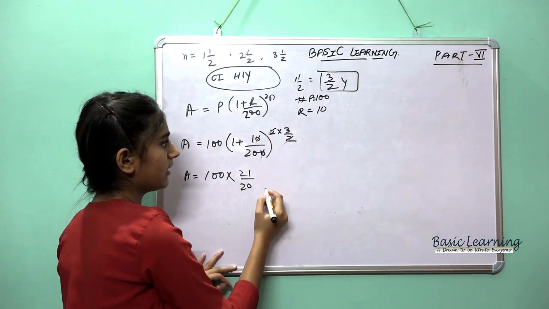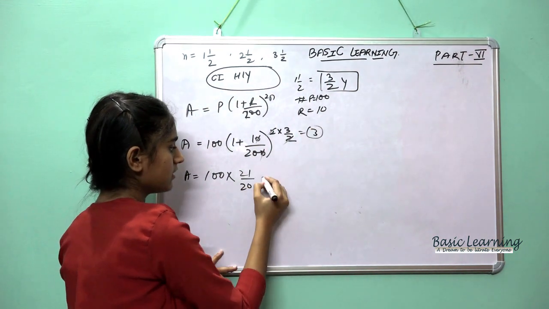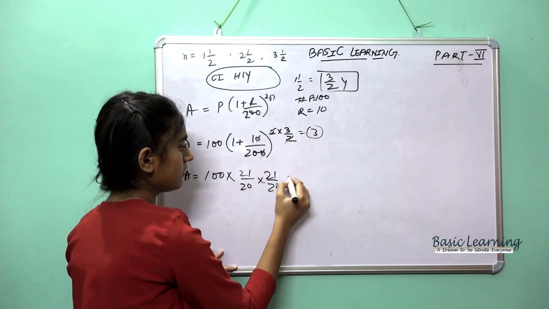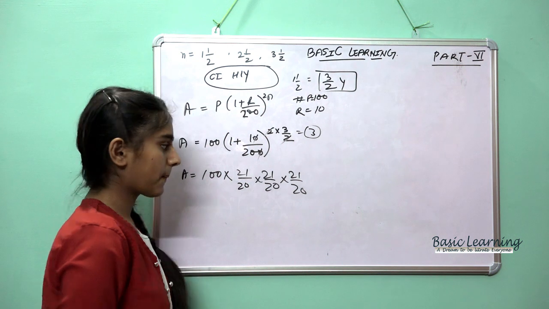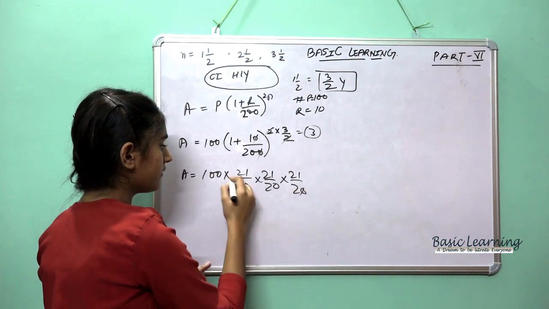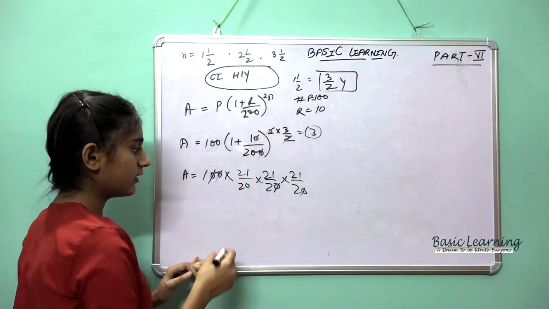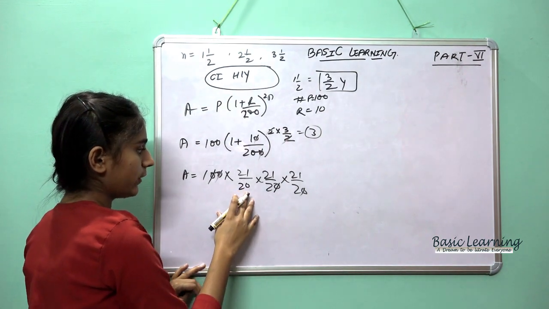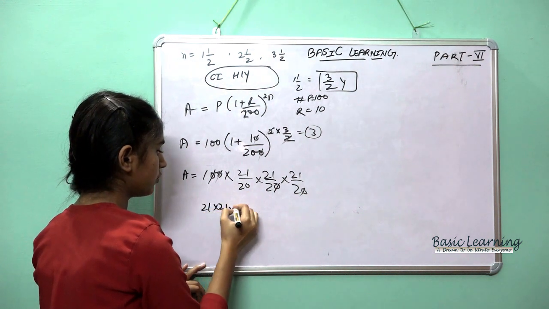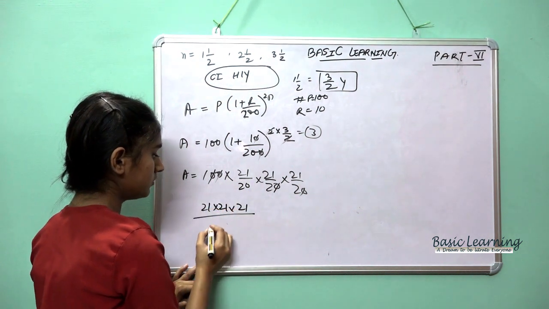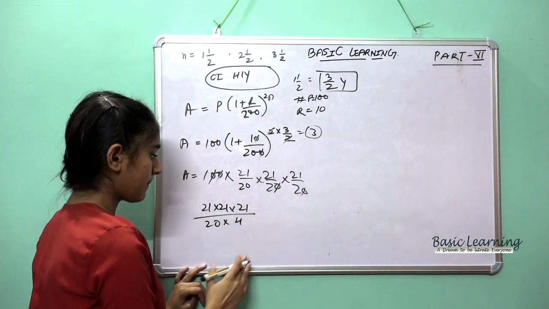Here 3 times is left, so we will calculate it 3 times: 21 upon 20. Now 0 reduced by 0. Now 20 is left, so 21 into 21 into 21 upon 20 into 4.